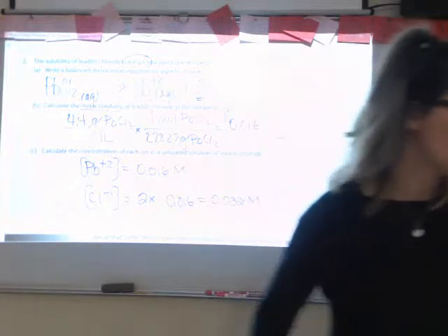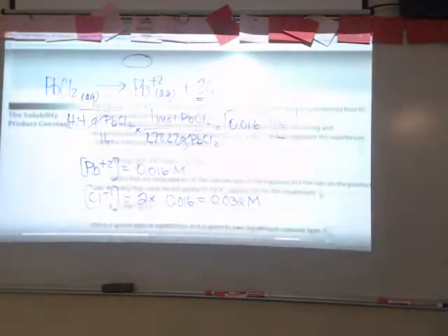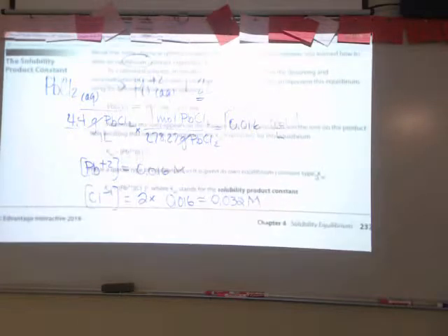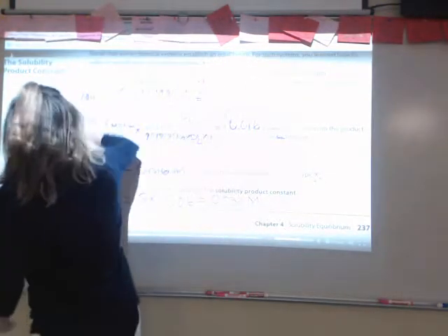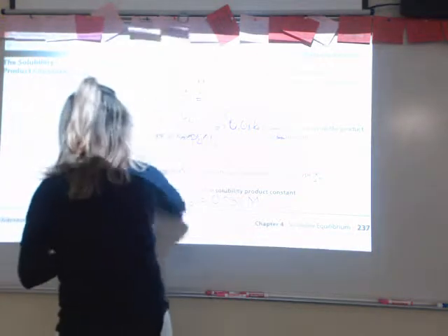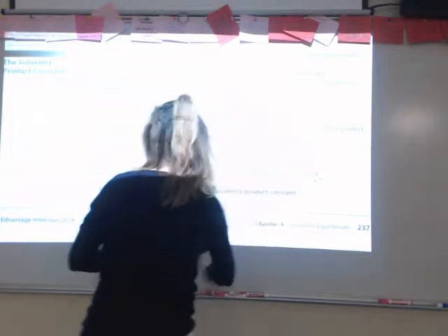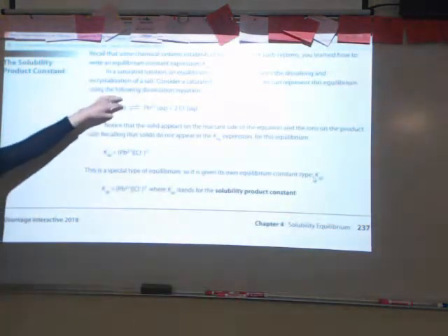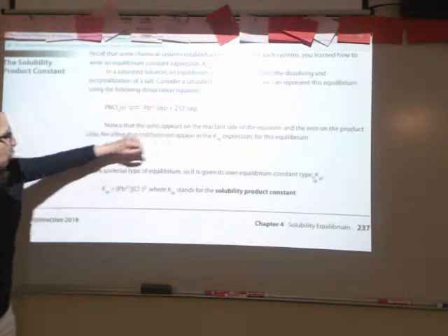Okay? So let's talk about equilibrium of saturated solutions. If I have a saturated solution of lead 2 chloride, that means I have some undissolved solid present, and I also have lead 2 ions and 2 chloride ions.